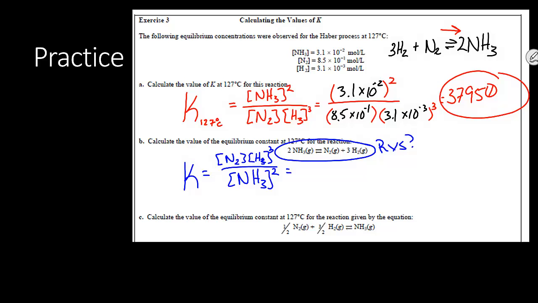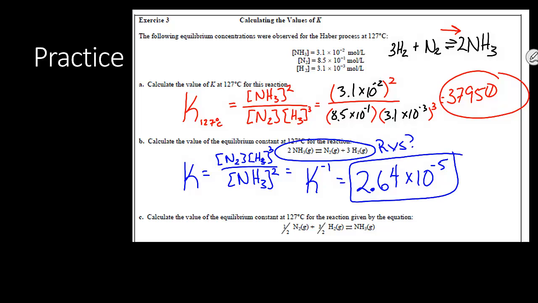Rather than calculate it again, I can simply take the reciprocal of K. So if I take my answer to the -1, or put 1 over K, I get that the reverse reaction's equilibrium constant is 2.64 times 10 to the minus 5th, meaning that in the reverse at this temperature, the formation of reactants is favored, because this value is so much less than 1. We have way more reactants at equilibrium than we do products.